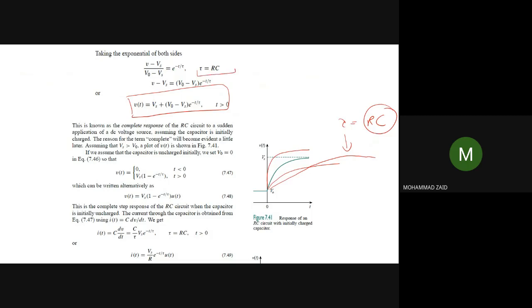It will decide how quickly the capacitor will be charged. But when it gets charged to the final steady state value, this term will go to zero. So this is the forced response of the circuit, which is equal to Vs. This is the transient, or natural, part, and this complete expression is known as the complete response of the circuit.